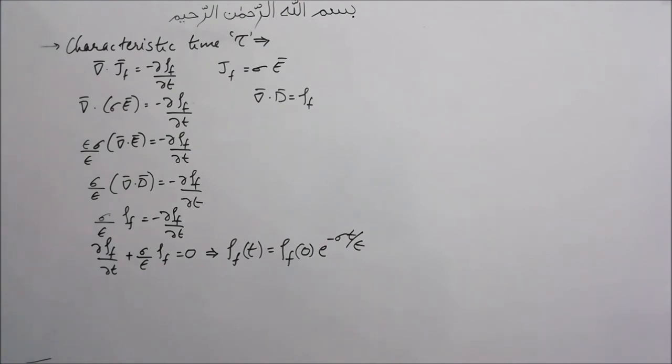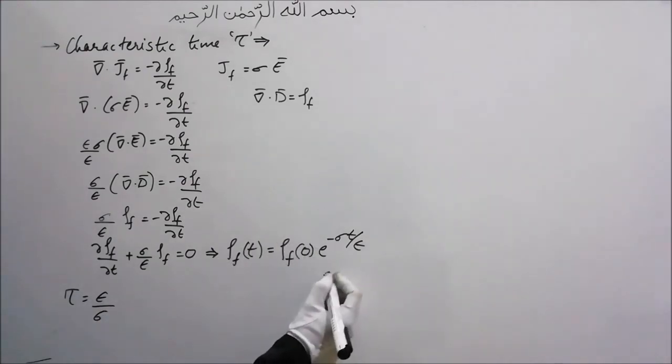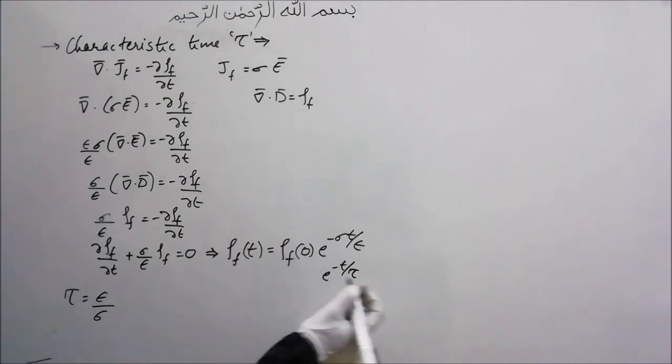So any initial free charge inside the conductor will dissipate, or it will come to the surface, in characteristic time tau, which is given by epsilon upon sigma. So this can also be written as e raised to minus t by tau, where tau is epsilon upon sigma.